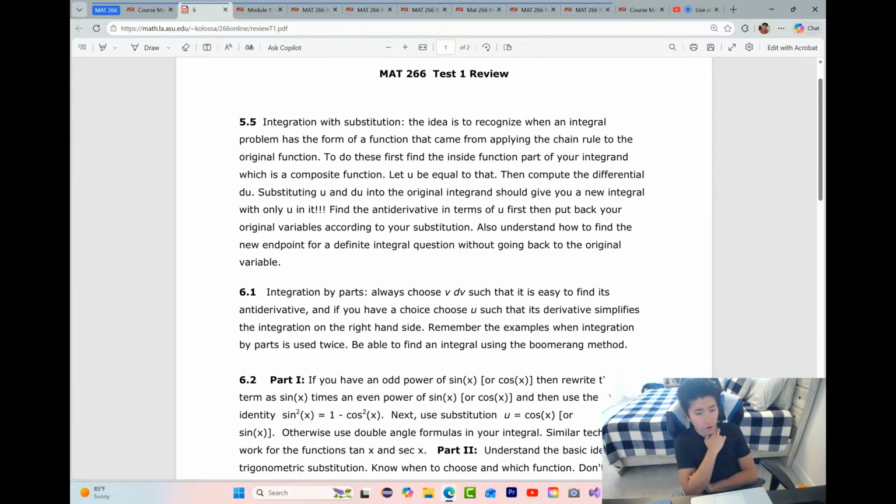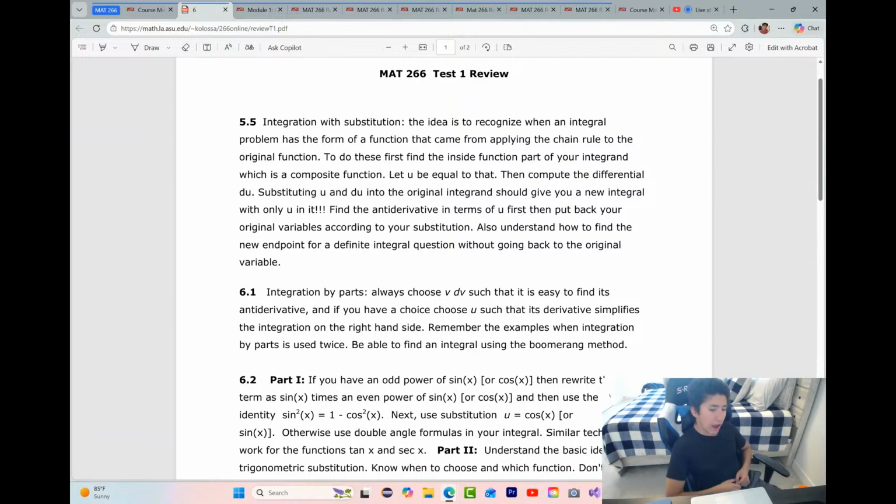Then compute the differential du. Substituting u and du into the original integrand should give you a new integral with only u in it. Find the antiderivative in terms of u first. Then put back your original variables according to your substitution. So we solve the integral and then we replace u.